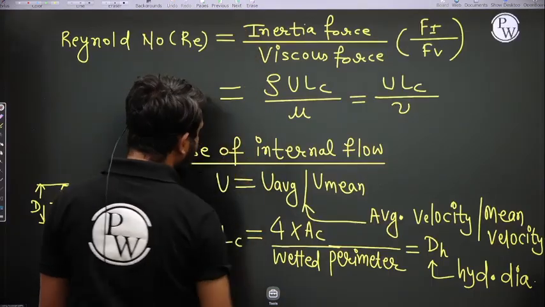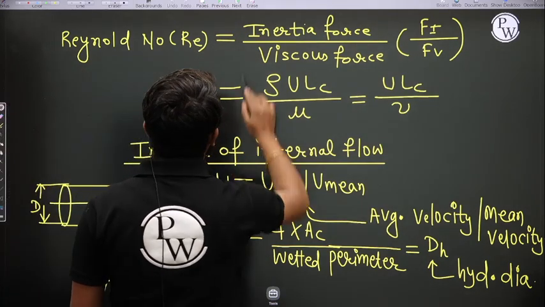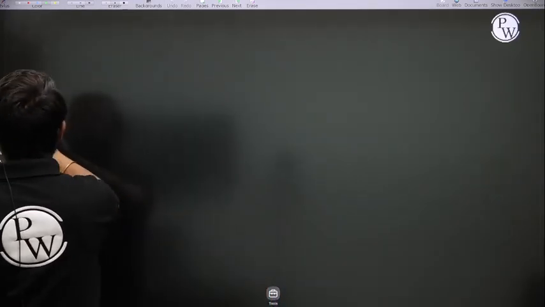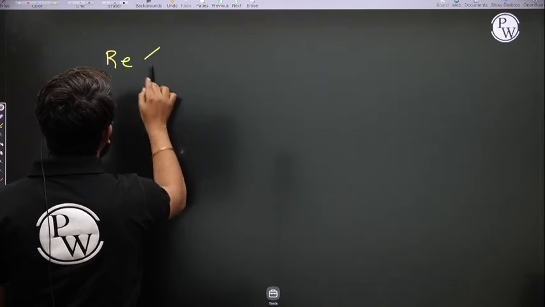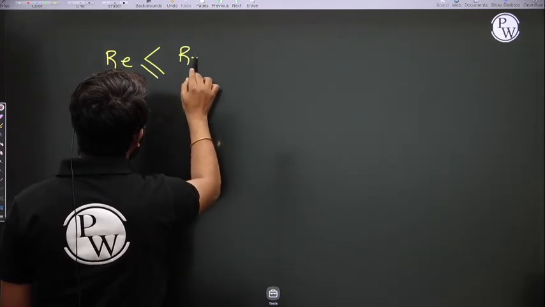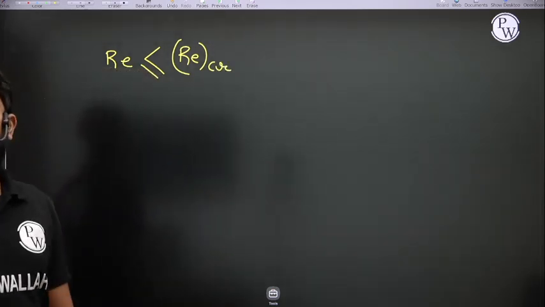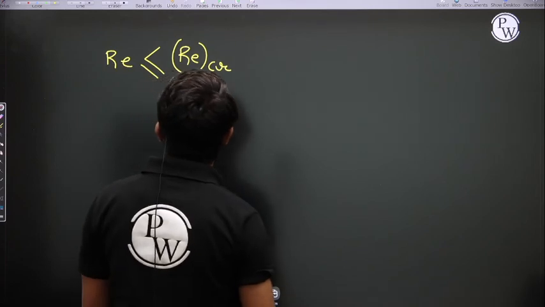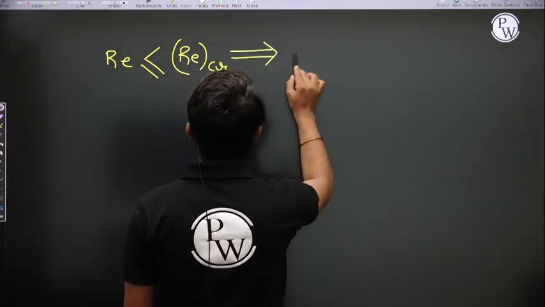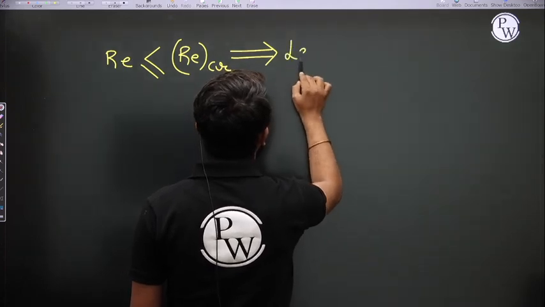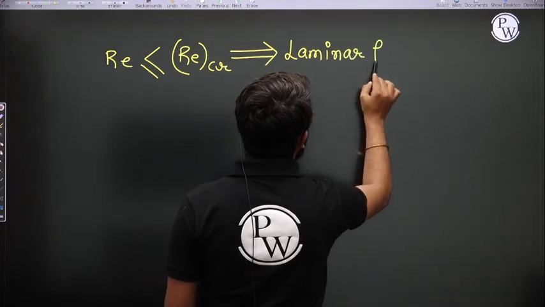So I think the Lc concept is clear. In case of the internal flow, U is the average velocity. Now see here, if you are calculating the Reynolds number and it is less than or equal to the critical Reynolds number, then the flow is laminar flow.